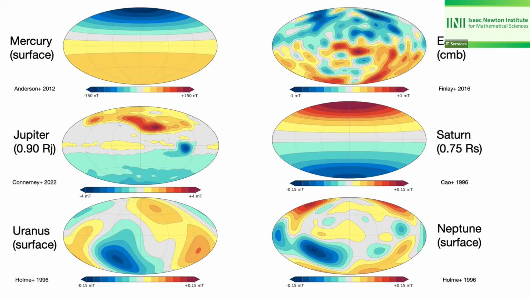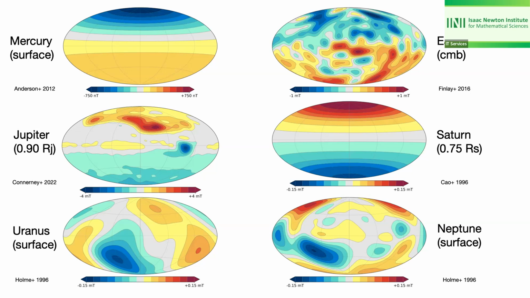Slightly displaced along the rotation axis, but to all intents and purposes, a very axisymmetric, nearly centered dipolar field. Then Uranus and Neptune, perhaps somewhat alike, only alike in that they're so different from the other planets, with dipoles forming a very poor representation of the field.